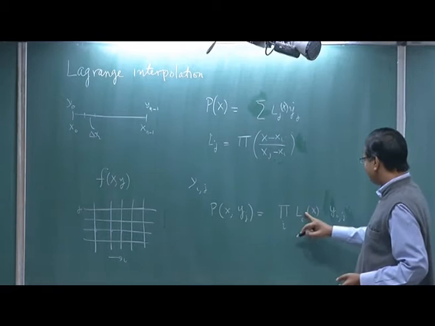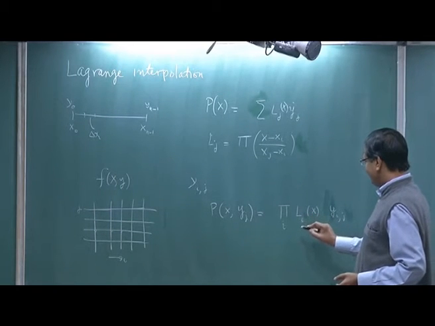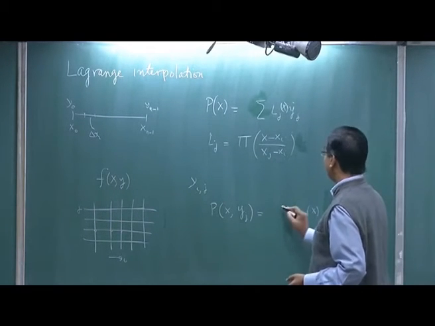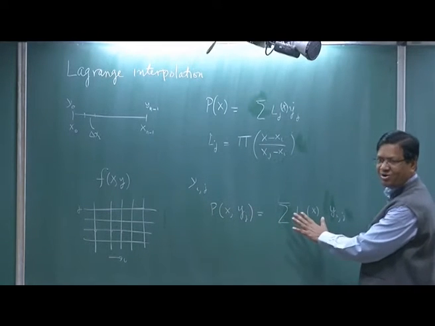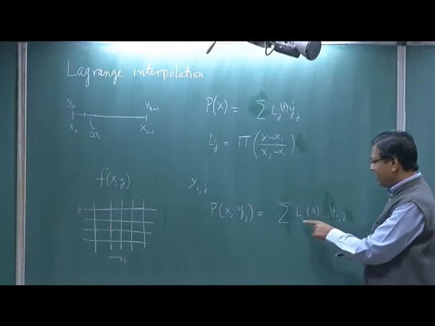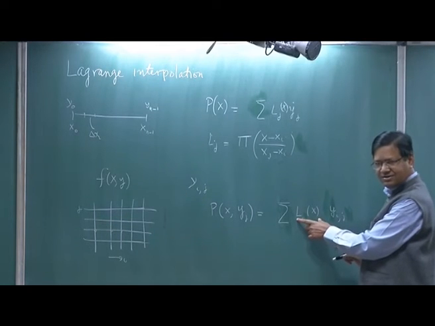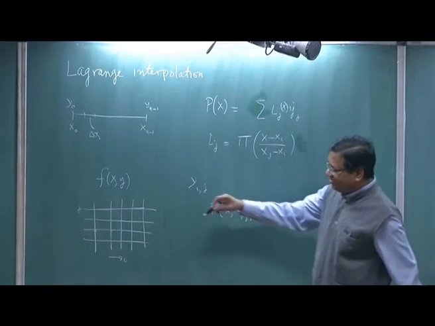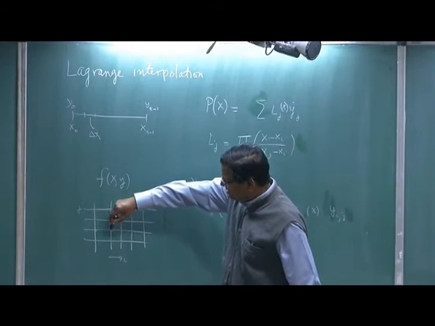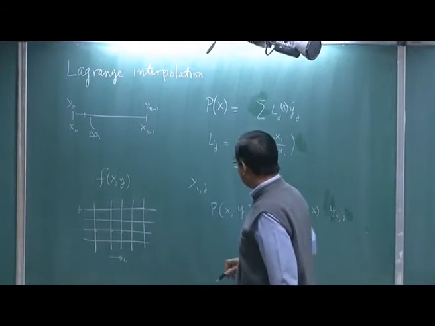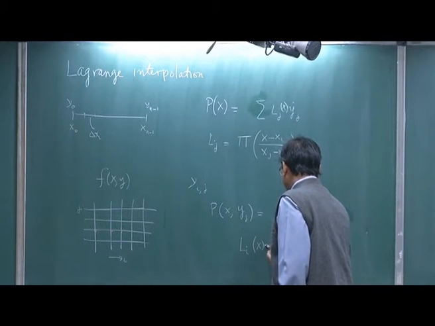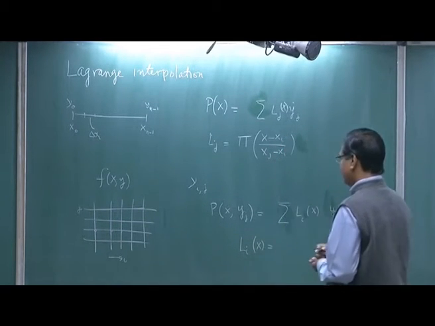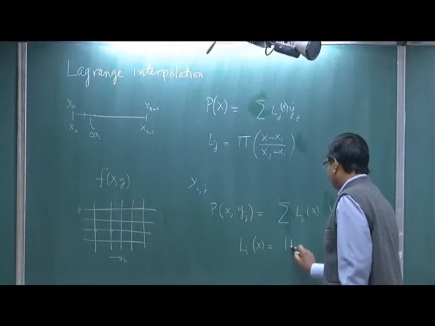Right now this is a sum. I am summing over i, no product. So this is an error, so this is a sum over i. Now Li of x will depend on the points here. Li of x is a product.